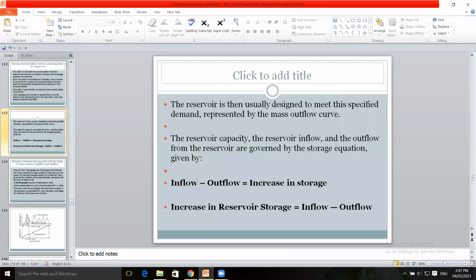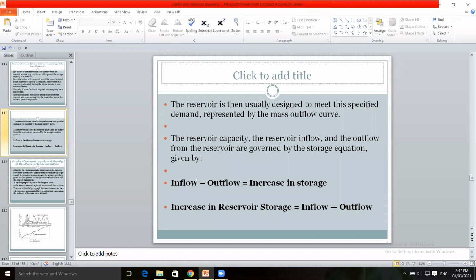म्हणजे storage वाढलं तर काय होईल? Inflow झाल्यानंतर when the storage will increase, increase झाल्यानंतर ते पाणी आपण स्पिलवेनी outflow downstream side ला सोडतो. Or through the spillway, the extra surplus water is drawn.